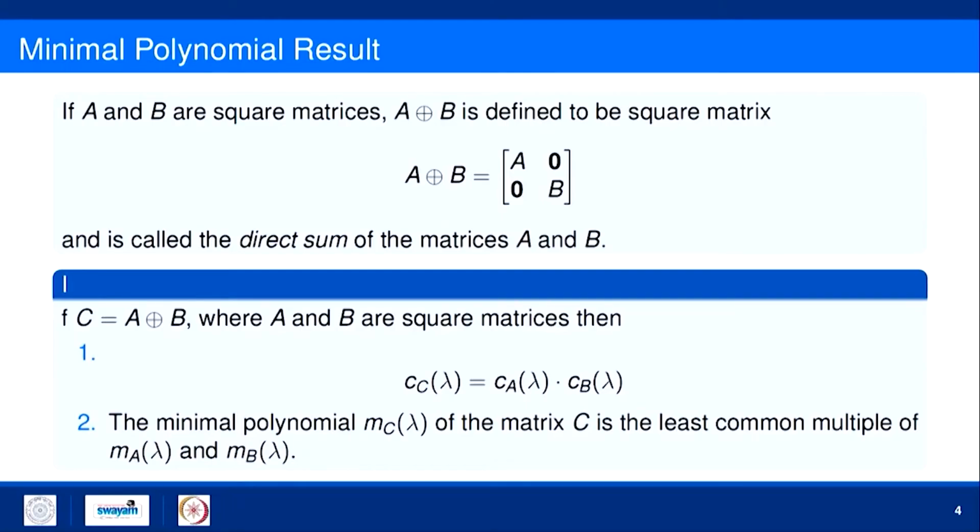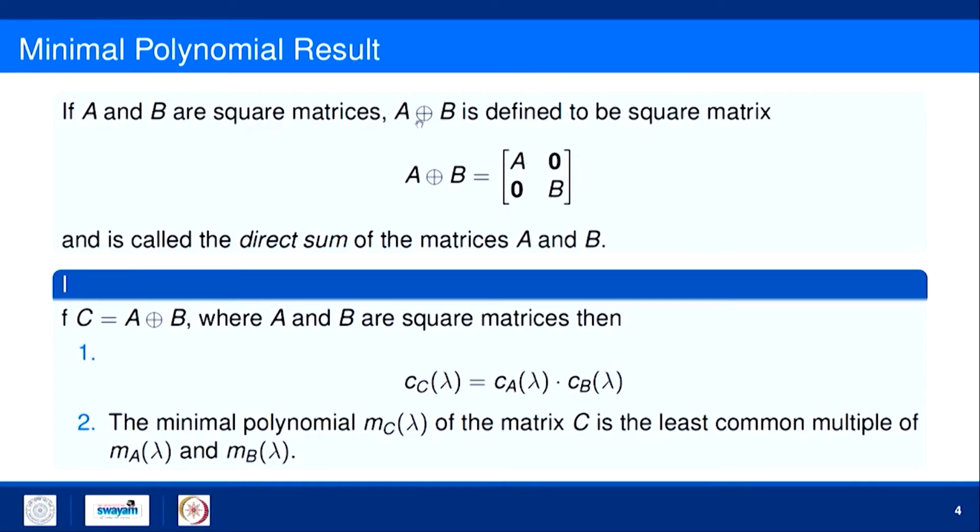Now come to a very important result about minimal polynomial. If A and B are square matrices, then A direct sum B is defined to be a square matrix of this form, where the diagonal submatrices are A and B and the rest of the entries are 0 matrices of corresponding sizes.